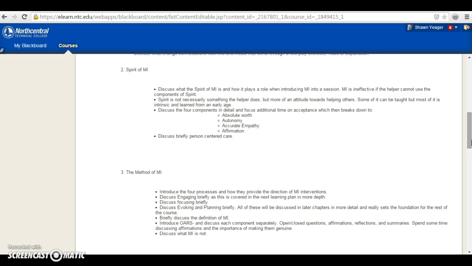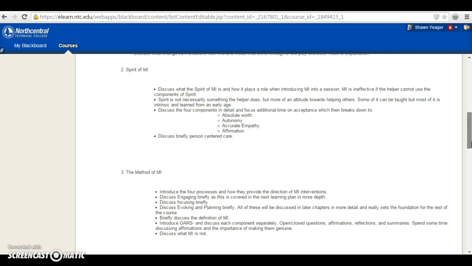And as we move forward in the course, part of the video recordings that you're going to be doing, you're going to be graded on how you demonstrate spirit, or you're going to have to communicate, articulate how you demonstrated spirit of MI in your recordings. So it's a good idea to review that section.